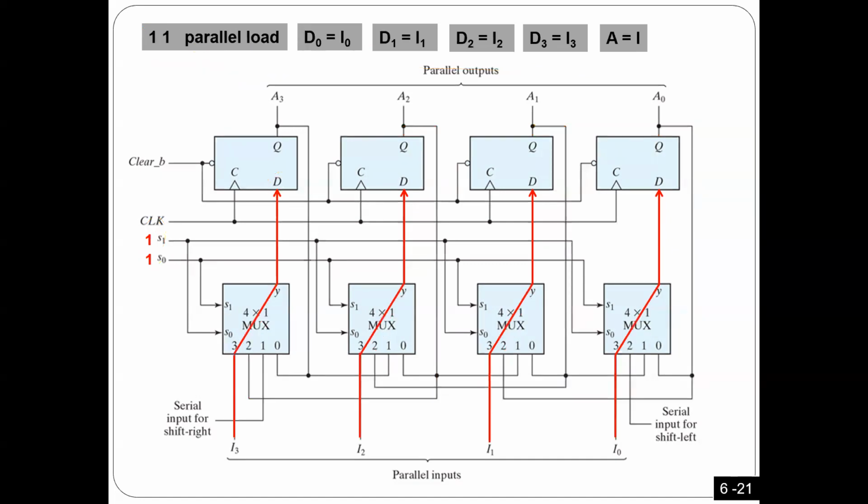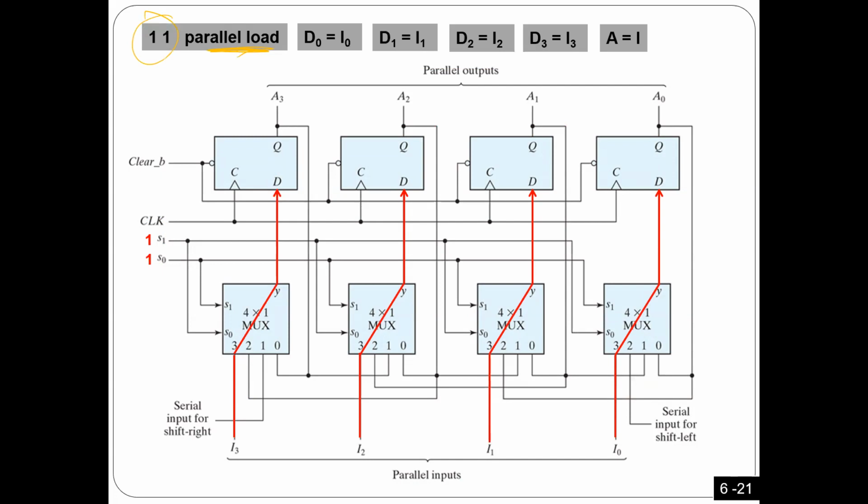Next one, if you make 1, 1, it has to be parallel load. What does parallel load mean? I have 4 bits in the input, and I just want to store the 4 bits directly here. As you see here, if I put 1, 1, the multiplexer is going to connect every input of the flip-flops to number 3, number 3, number 3, number 3.